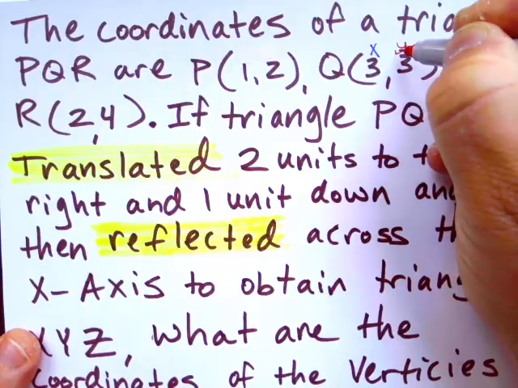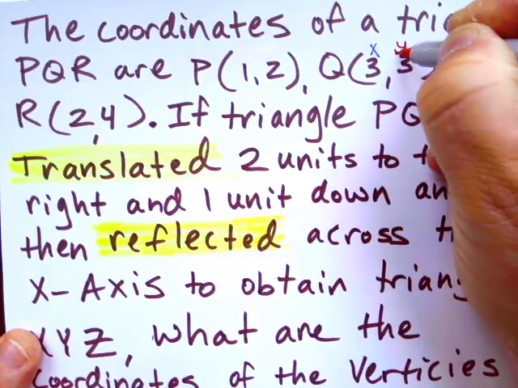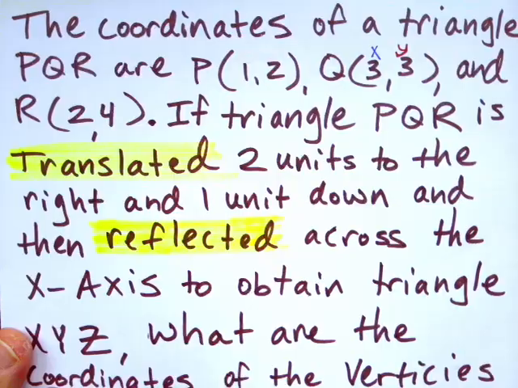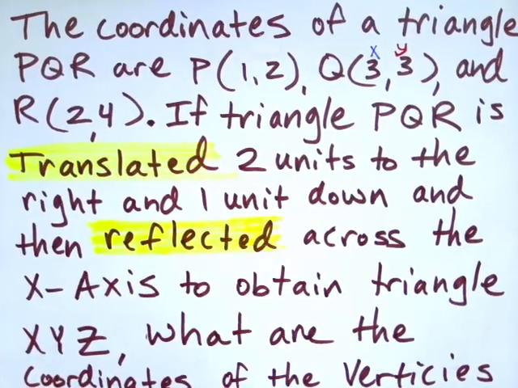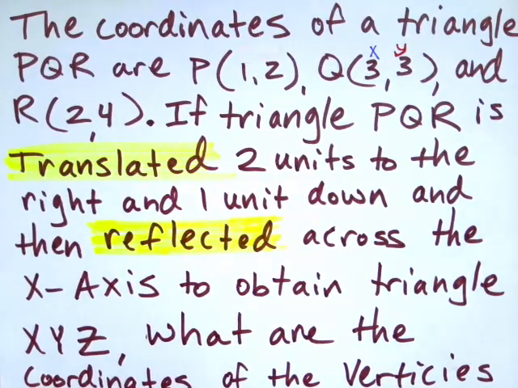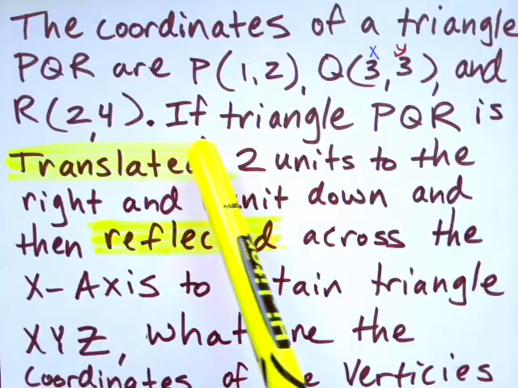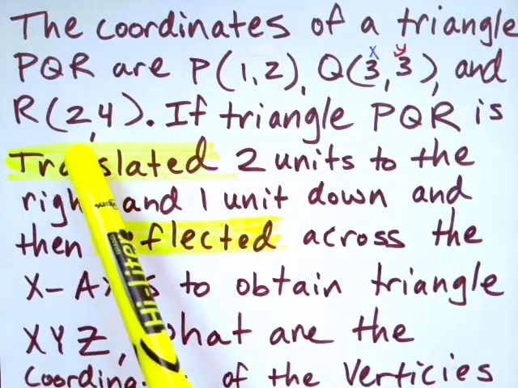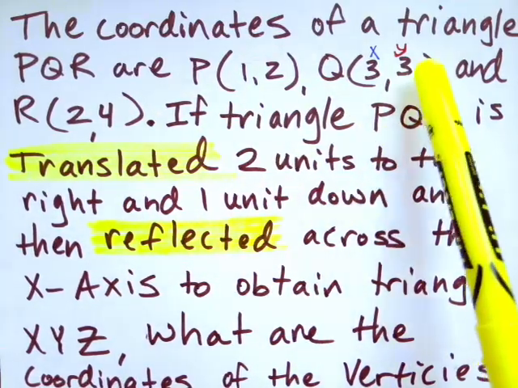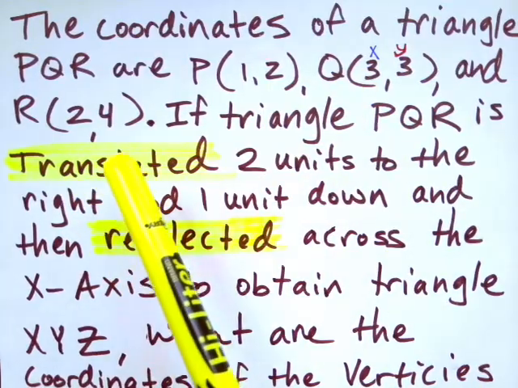So each of these represents an X and a Y value on a graph, which I'll be getting into in the next video. I apologize for the shaky camera. I'm working on getting a new camera. So P, Q, and R are ordered pairs, X and Y values that you can graph on a coordinate plane.